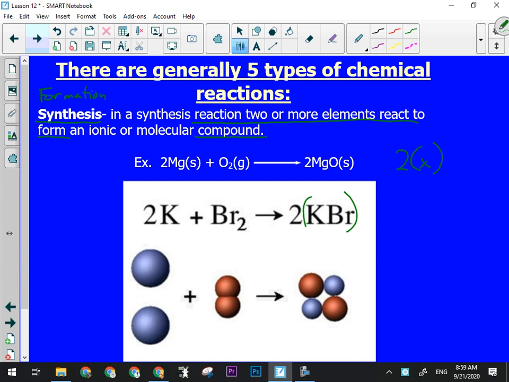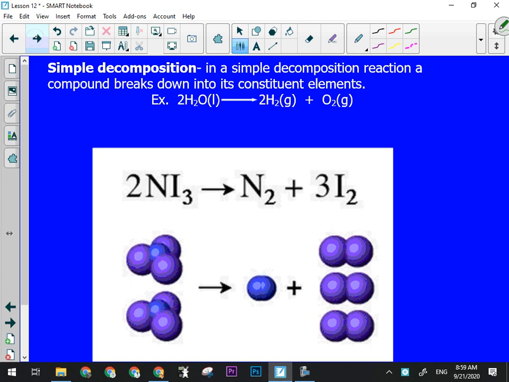The opposite of synthesis is to take a single compound and do what with it? Break it apart. Atoms can be separated, joined, or rearranged. This is the reaction that joins them. This is the reaction that separates them. When we break something down, we often refer to that as decomposition.